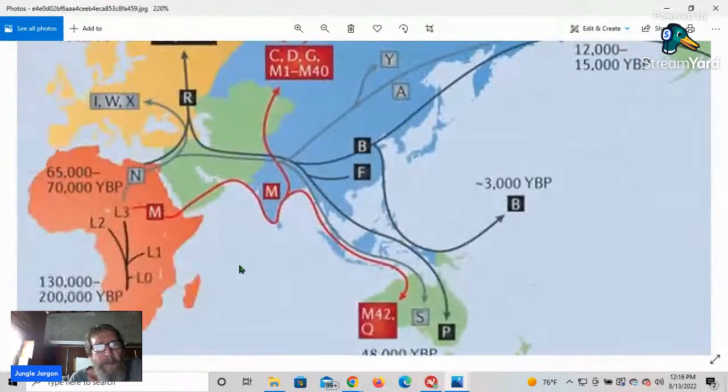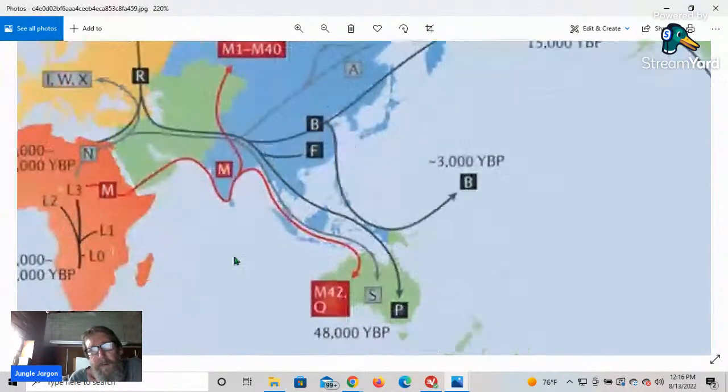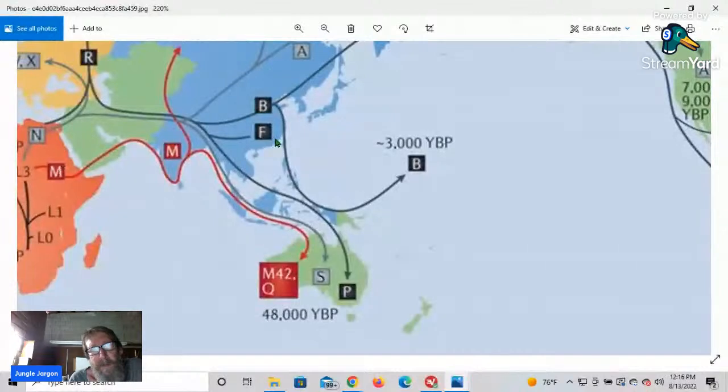And the only other one of this Madai Semitic mitochondrial DNA lineage is the S in Australia. So, of course, Madai went this direction.